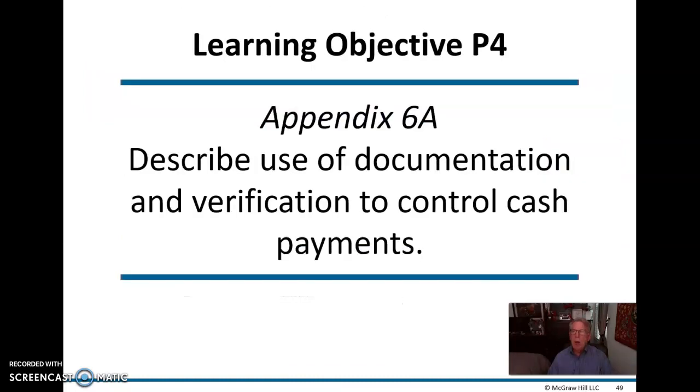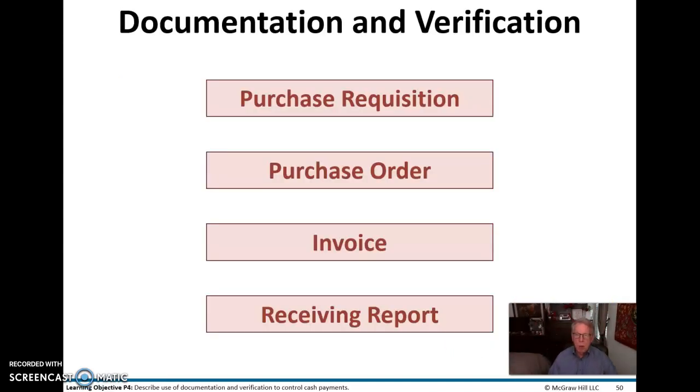Okay, how do we describe the use of documentation and verification to control cash payments? This is pretty easy. I think I went through this already with the purchase order, the invoice, and the receiving report. That's exactly the vouching process for most of the items that we would purchase.